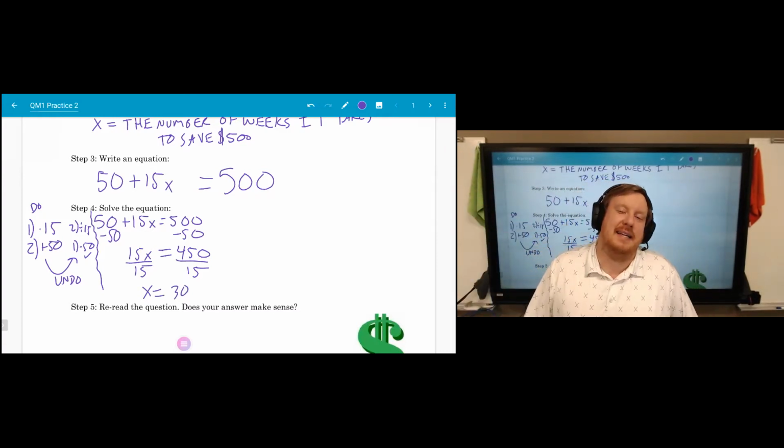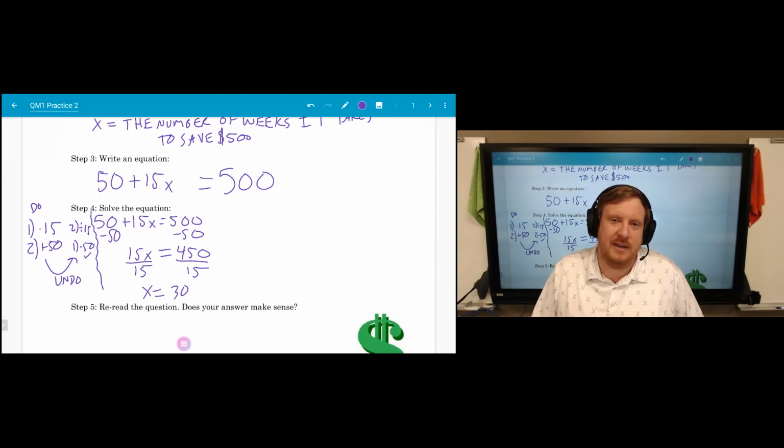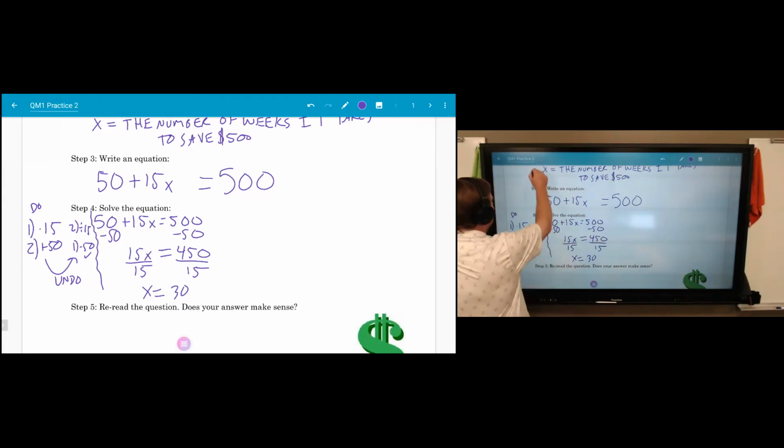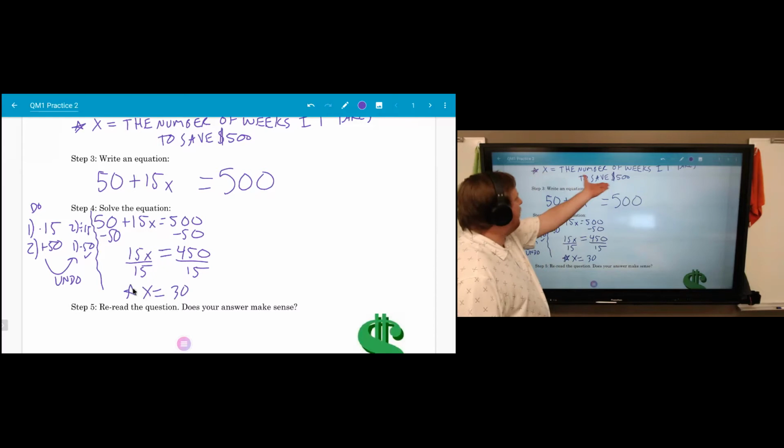30 what? Well, in this case, what does x represent? X means the number of weeks it takes to save $500. X is also 30.